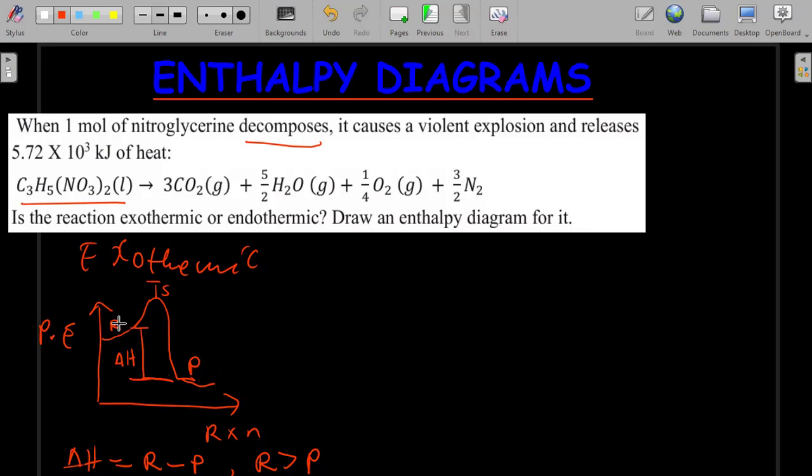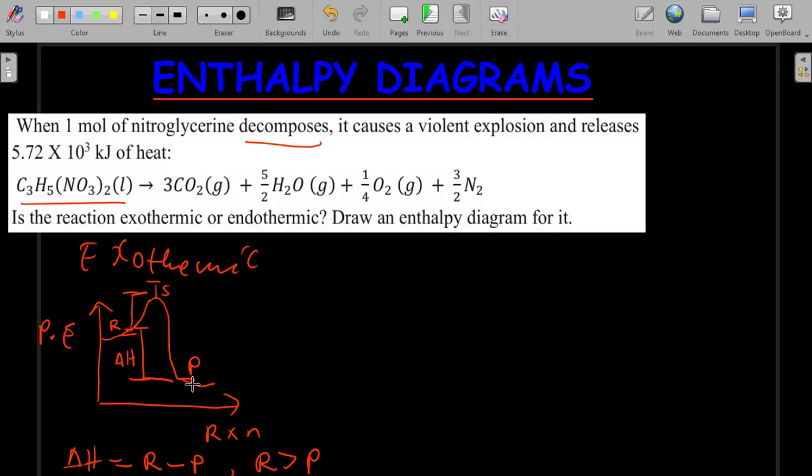Then we can have this energy. You see, there's the amount of energy we need to overcome for us to produce our products. So from where the reactants are starting, to the transition state, this energy is the amount of energy that we need to overcome to get our products.